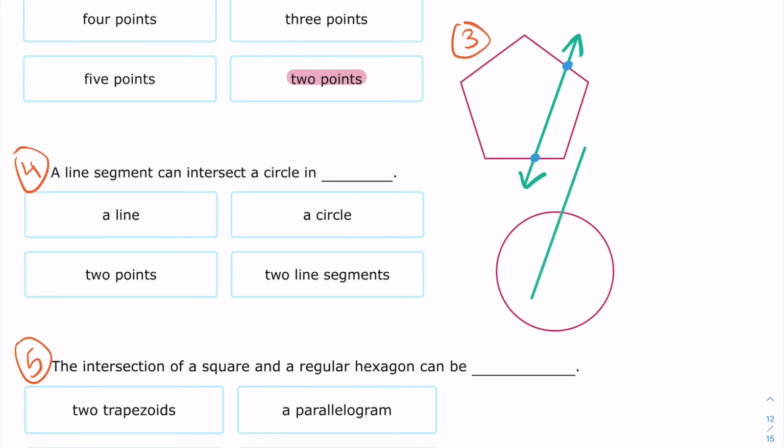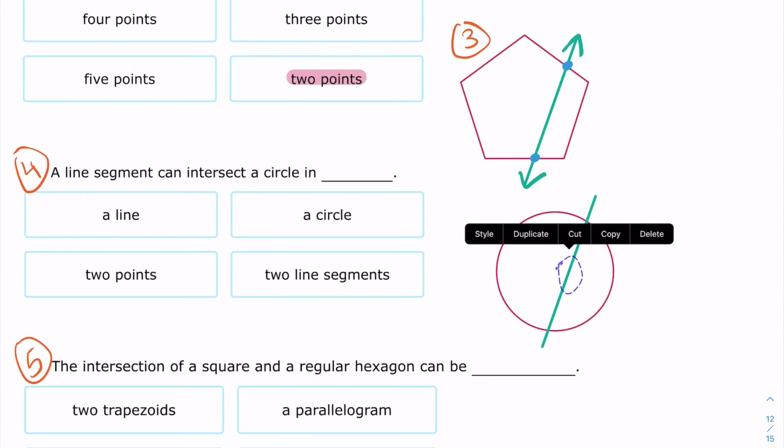It can't intersect the whole circle because only a circle can intersect a circle if they're congruent. You know what? This answer is just 2 points. Right? For these, you're going to have to draw some of them out and see what works and what doesn't.